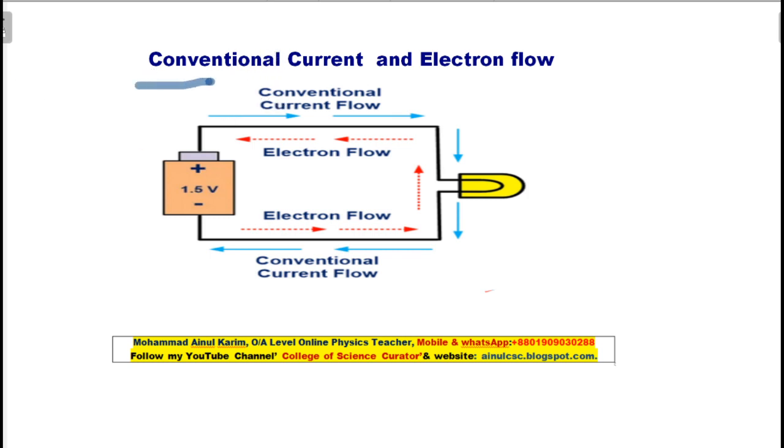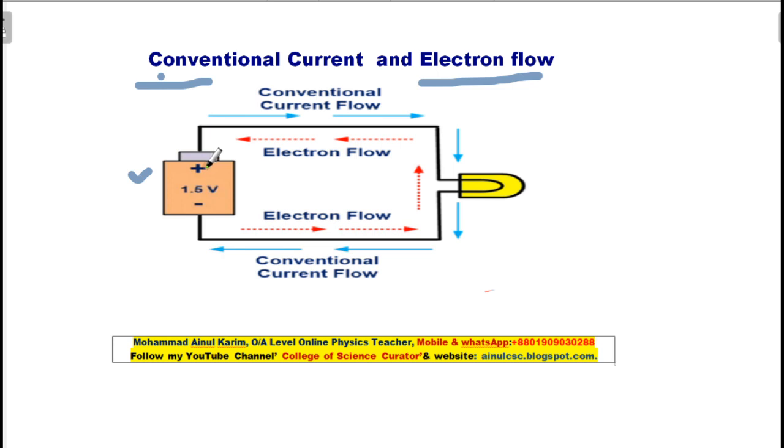There is conventional current and electron flow. What is the difference between them? Suppose there is a 1.5 volt battery here, with a positive terminal and a negative terminal. Electrons flow from the negative terminal to the positive terminal, and current flows inversely.